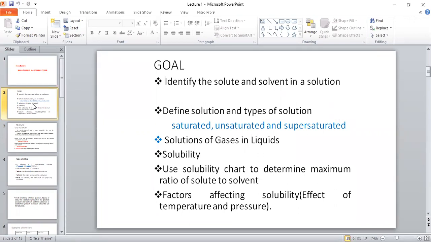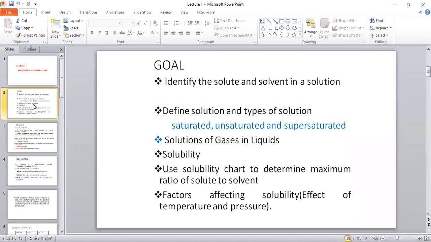We expect you to also know about solutions of gases in liquids. You should have an idea of solubility also. We expect you to be able to use a solubility chart to determine the maximum ratio of solute to solvent.